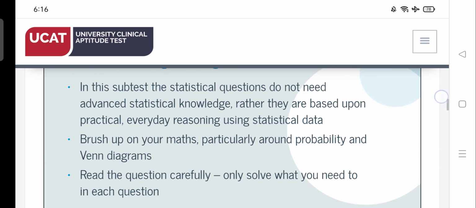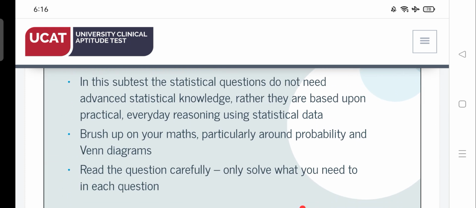Now, the decision making strategies. In this subtest, the statistical questions do not need advanced statistical knowledge. Rather, they are based upon practical, everyday reasoning using statistical data.